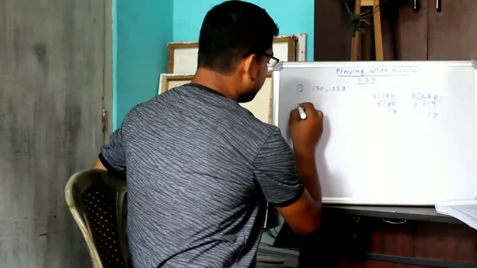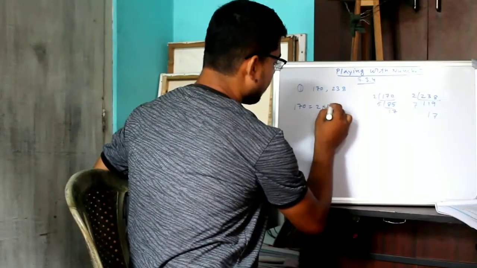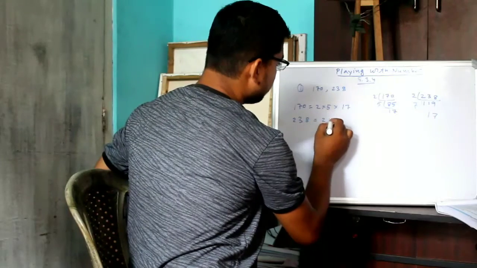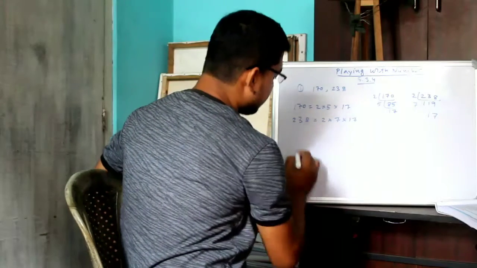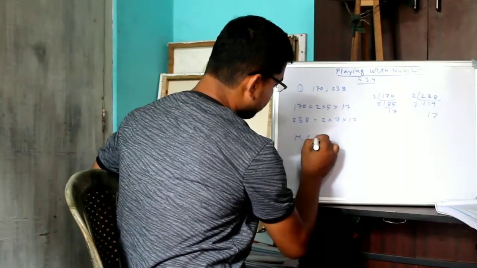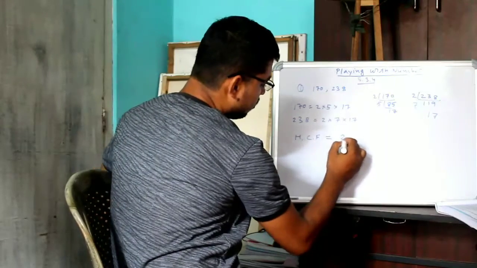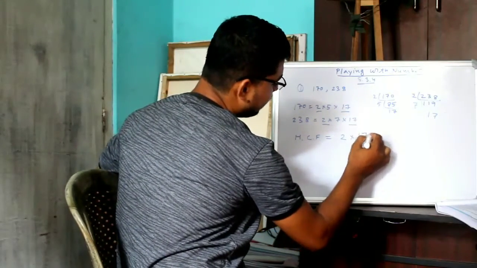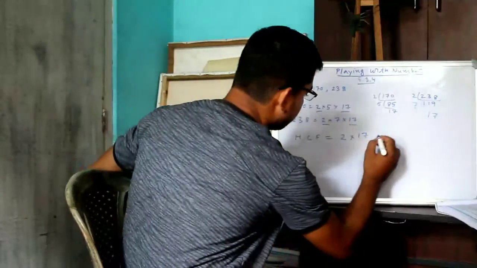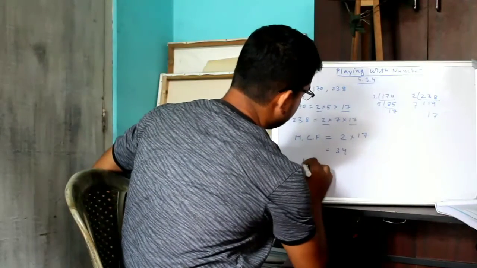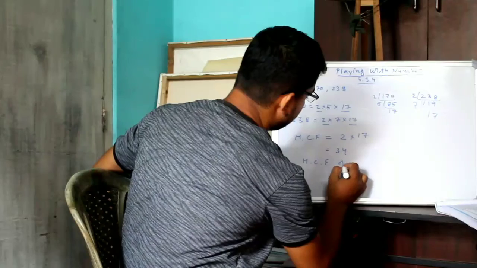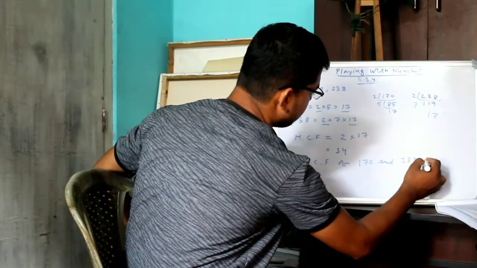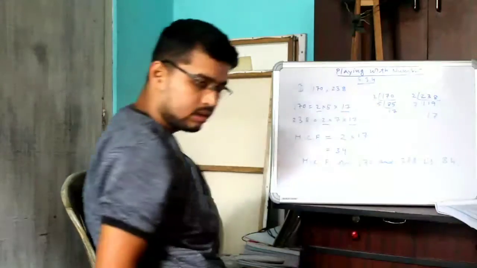So 170 equals 2 into 5 into 17, and 238 equals 2 into 7 into 17. The common factor is 2 into 17. So the HCF of 170 and 238 is 34. This is the answer.